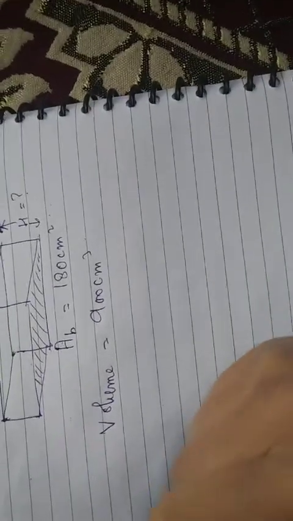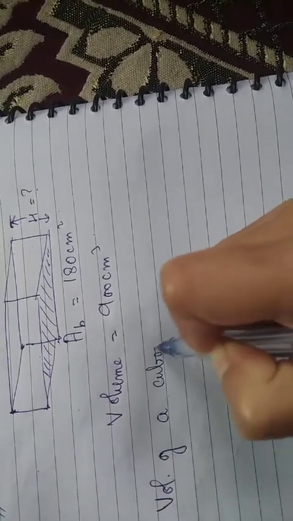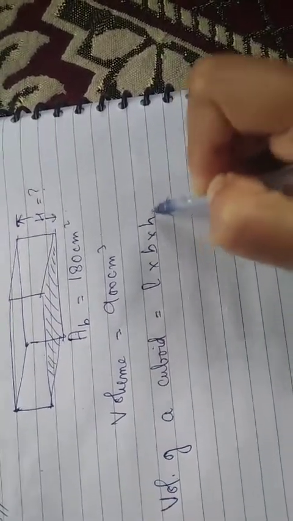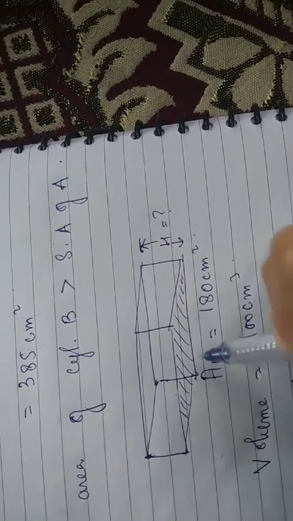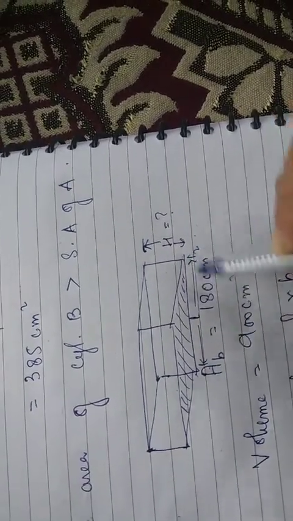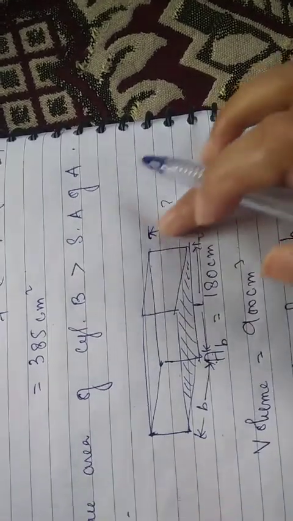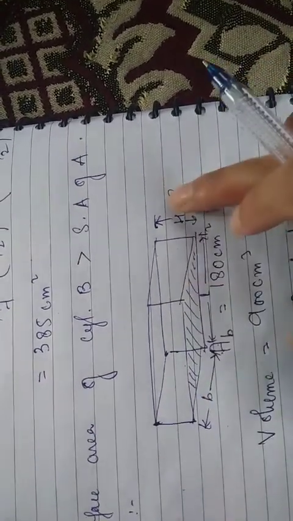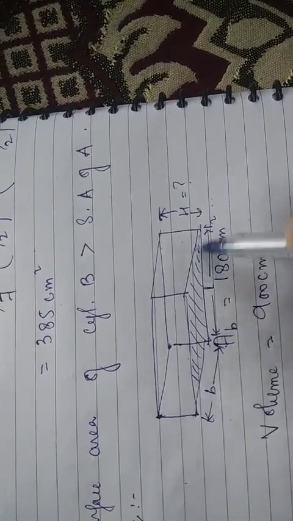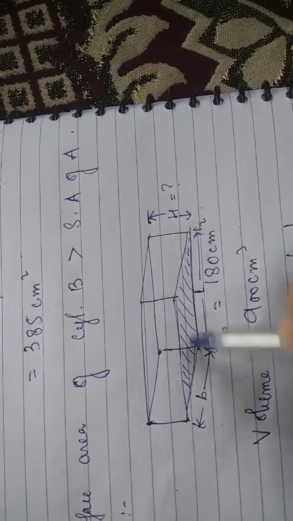Now we know volume of a cuboid is equal to length into breadth into height. In our case, this is the length L, this is the breadth B, and that is the height h. See, area of the base, what is it? It's length into breadth, because it's a rectangle, right?